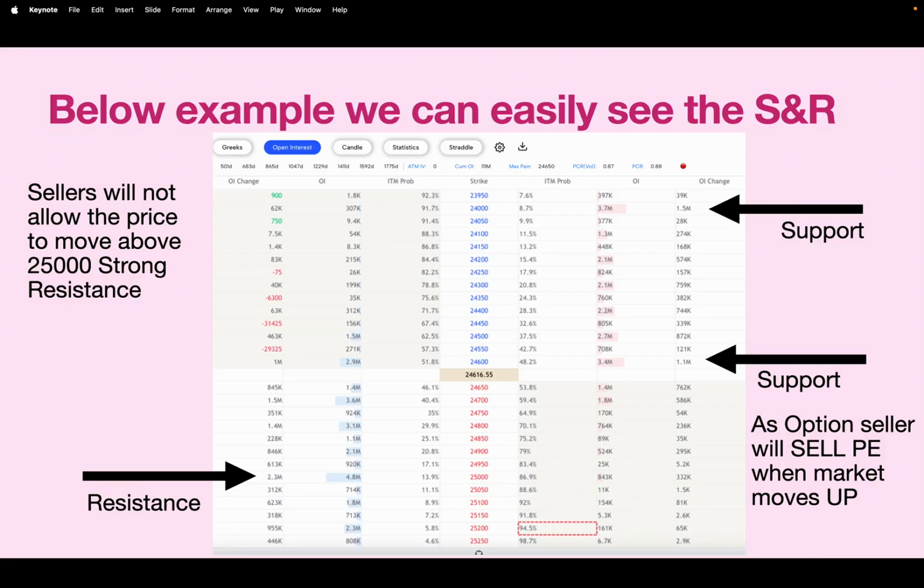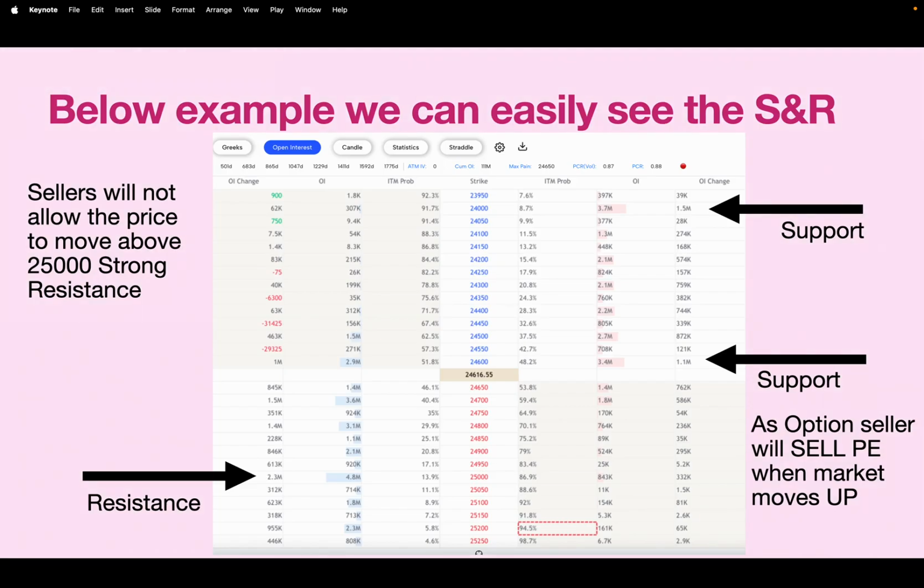But in terms of option selling, he will sell that particular option. When the price goes up, the option seller will earn the money over there. Then in that case, he will try to sell that particular option.